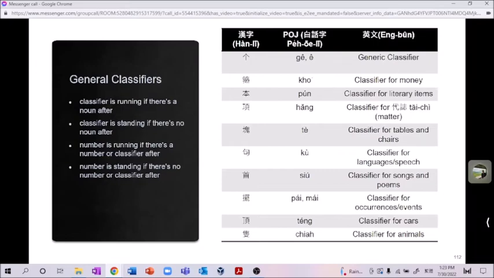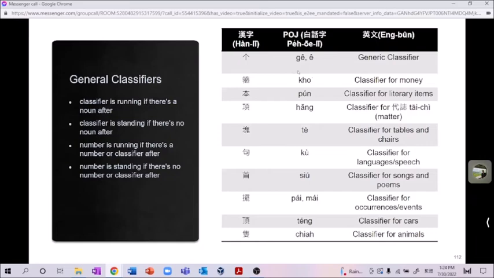So here are just a few of the more general, basic classifiers that we use. First is ge or e, which is a generic classifier used for anything, for people or things that we don't know what other classifier to specifically associate it with.